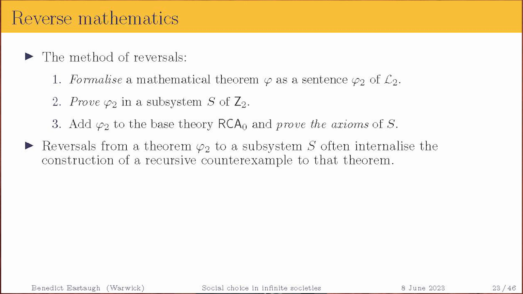And if it's the case that you can construct a society that's computable, that has no computable solutions, that's a recursive counterexample, because it shows that the theorem is false when you interpret its set quantifiers as ranging over the computable sets.